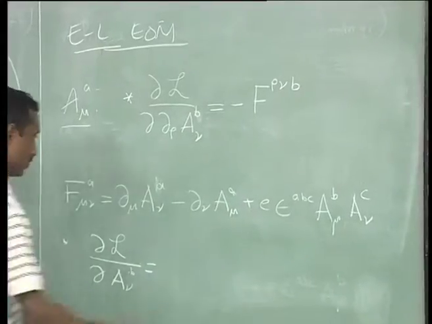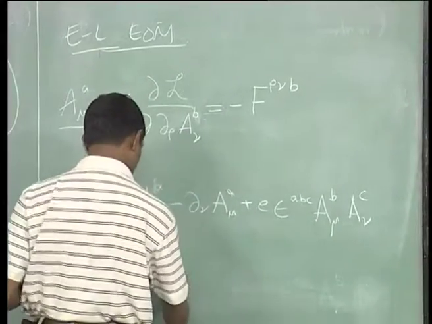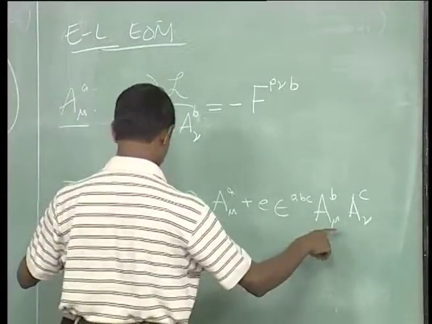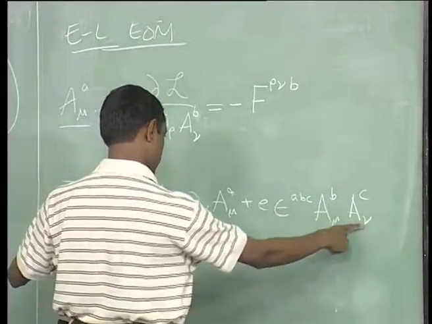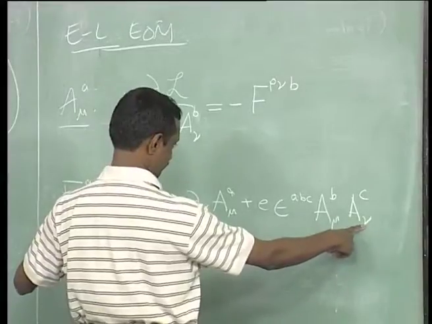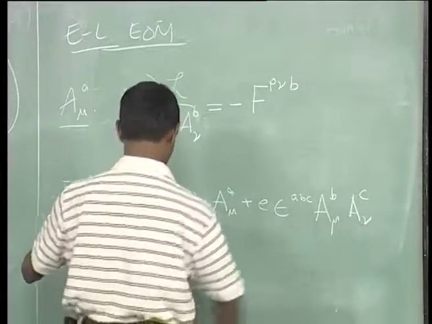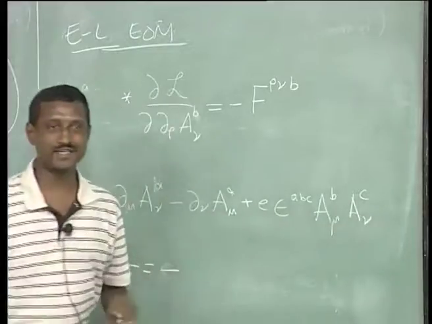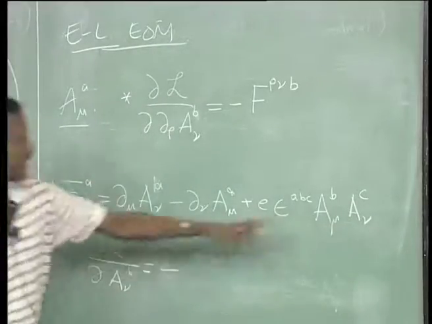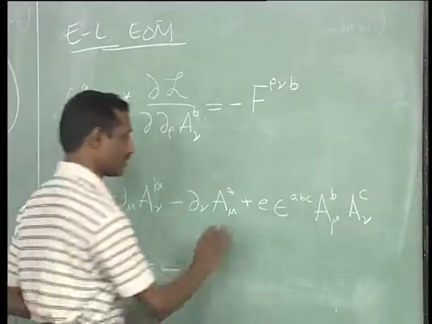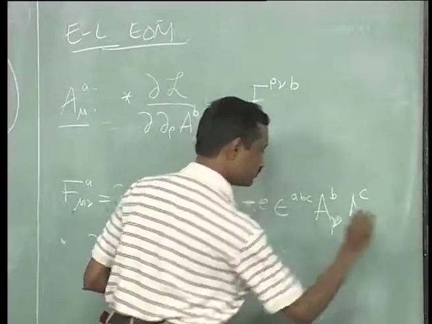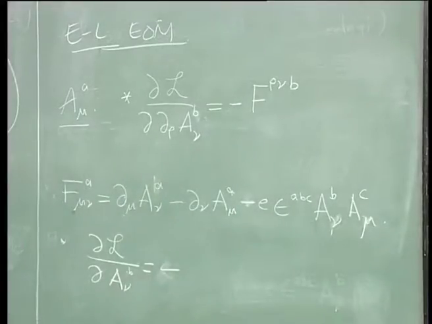So what you will get is E. I'll just look at one of these things. From here I will choose the part where mu and nu are exchanged. So I get a minus sign, so that I get a nu b. So I could write this whole thing like this. The same thing.